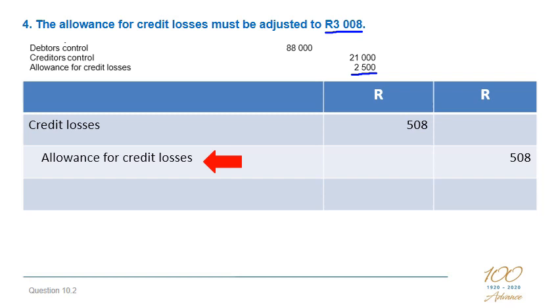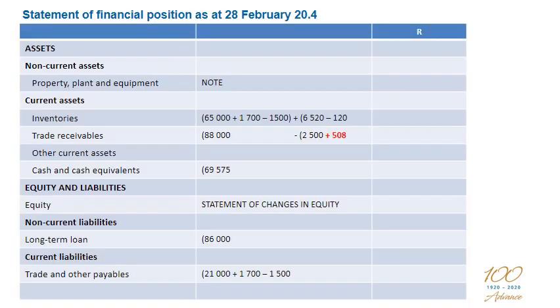The only item that will influence my statement of financial position is the allowance for credit losses, which is deducted from trade receivables. So can you see in my bracket, I've just added the 508 to the 2,500 to get it to add up to 3,008.